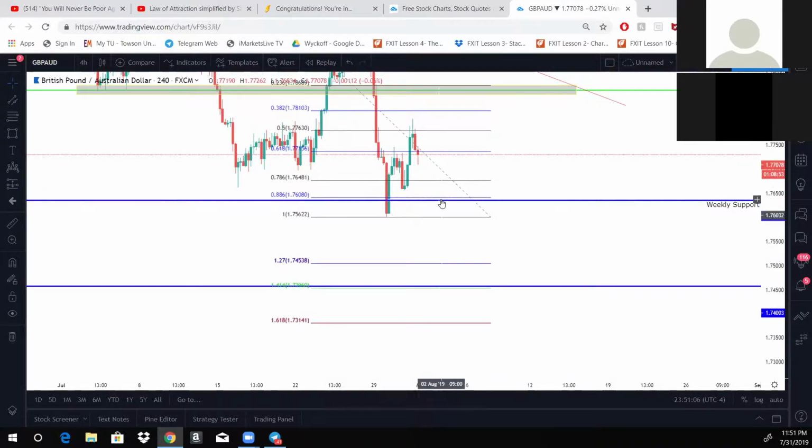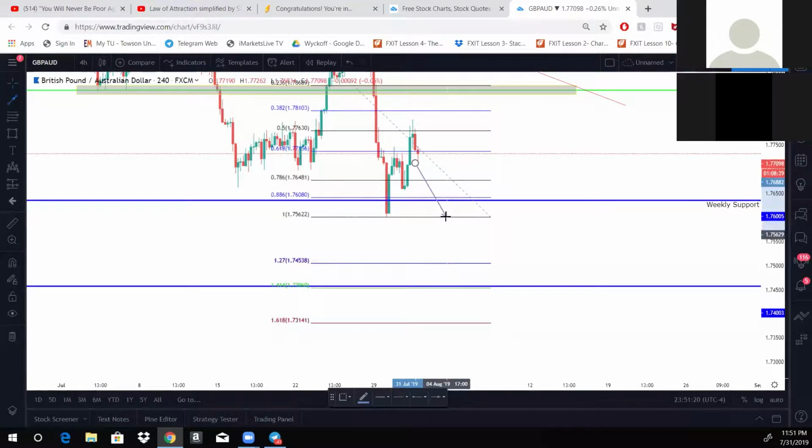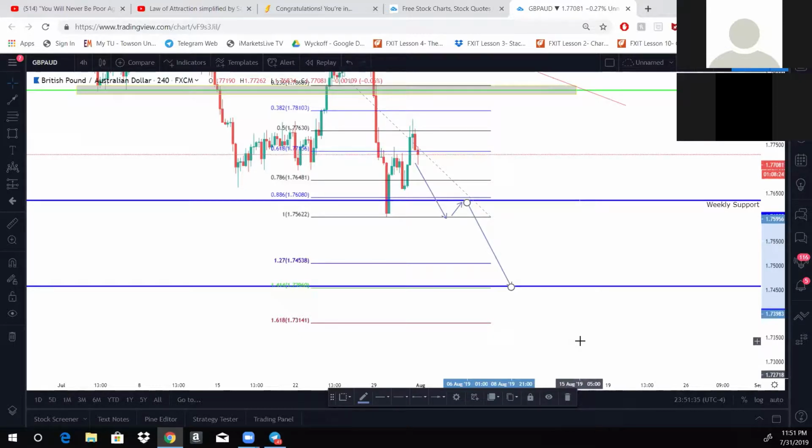I would safely ride it here, see what it does, go on a smaller time frame, obviously 1 hour because we are on a 4 hour, and see if this is respected, or if something like this happens, comes back down, breaks and tests this previous low, right? And then you get a retest here, then you are safe to go to this fib 1.414 in the next level. Does that make sense?